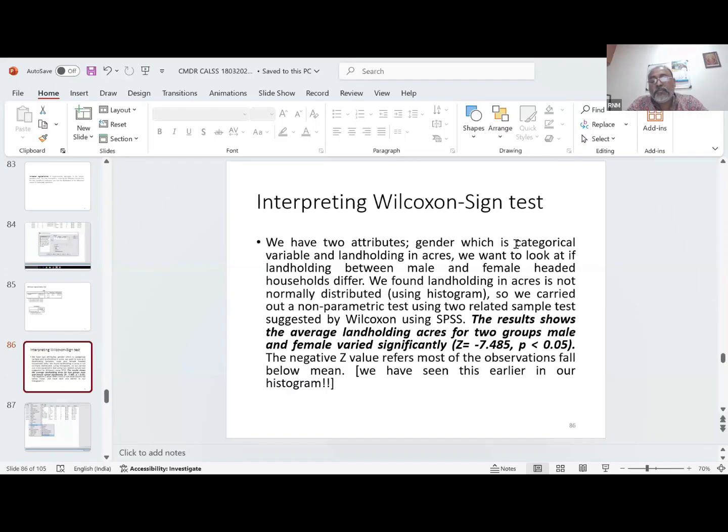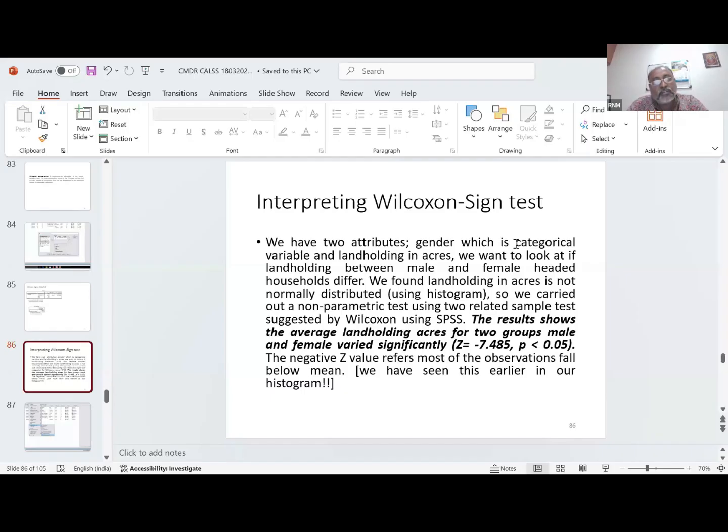This is what we have seen in our histogram. Since it's male and female, you cannot say the direction, positive or negative, in a cross-sectional, ordinal variable does not have any meaning. But what we can infer here is that probably female-headed households must have less land holding. That is how you can do it.